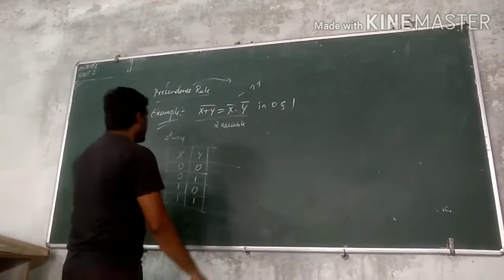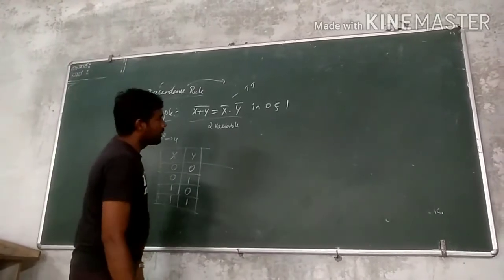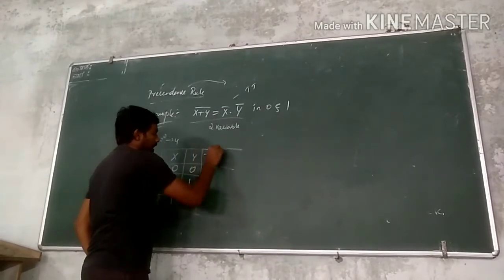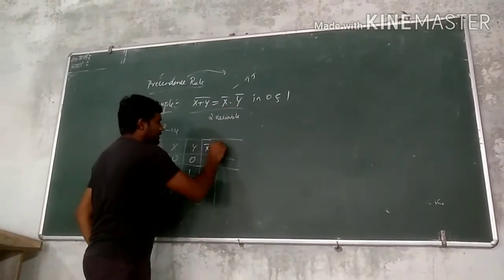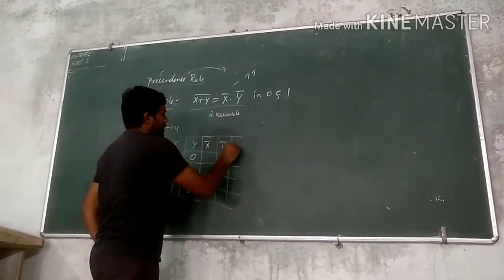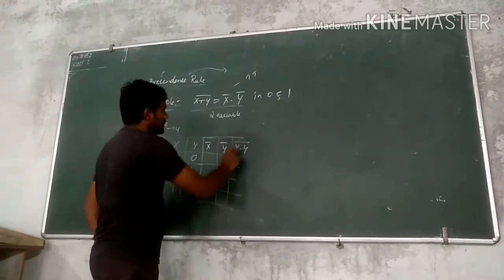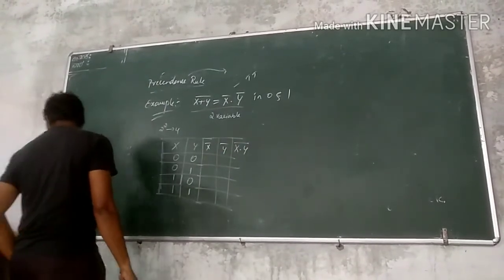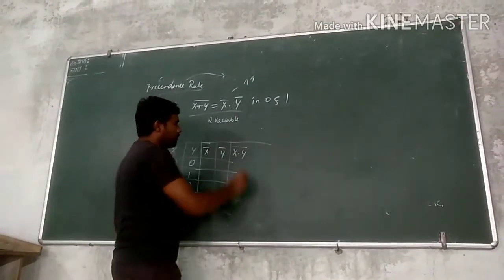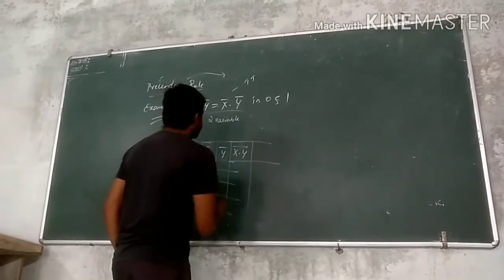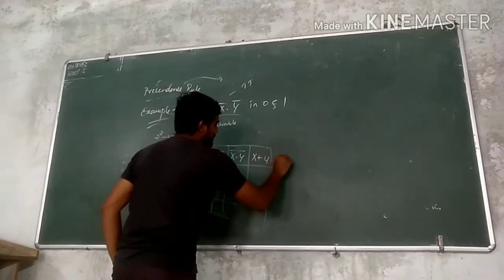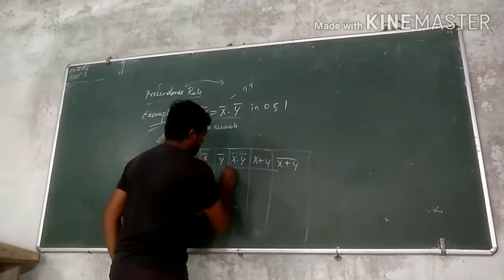As per x plus y complement equal to x complement into y complement, first find out x complement and then go for y complement, and then go for x complement dot y complement, and later we have x plus y and x plus y complement.